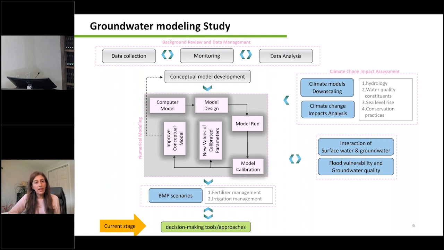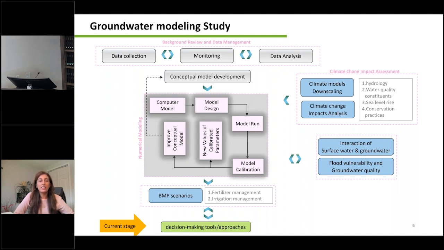For the model development, there are some key tasks that have been taken, such as conceptual modeling development and numerical modeling development. We have developed both of them. We have the results of the model verified and successfully calibrated, and it is able to simulate the existing condition that we have there.